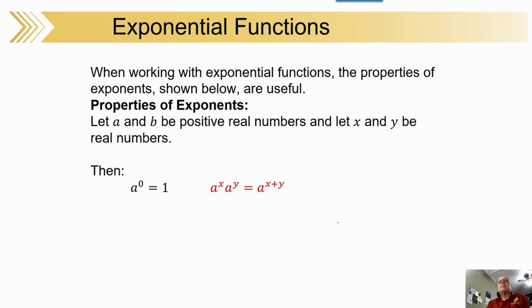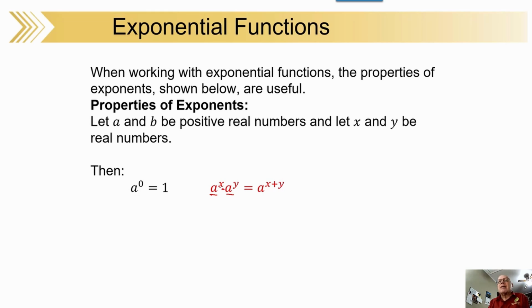The second one, if you've got the same base, that's very important. If the bases are the same and you're multiplying, you just add the exponents, because this tells you how many a's you have here. This tells you how many a's you have here, and so when you multiply them together, you end up with the sum of those two.